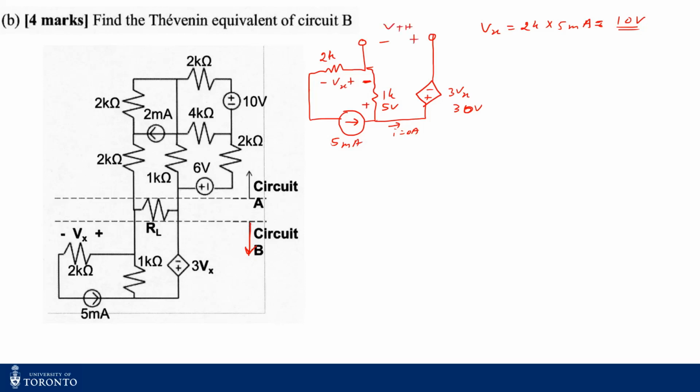If I apply a KVL across this loop, I get minus VThevenin minus 30 volts plus 5 equal to 0. So my VThevenin is minus 25 volts for this polarity. If I assume the polarity to be like this, then my VThevenin is plus 25 volts. All right, now I have to find out my RThevenin.